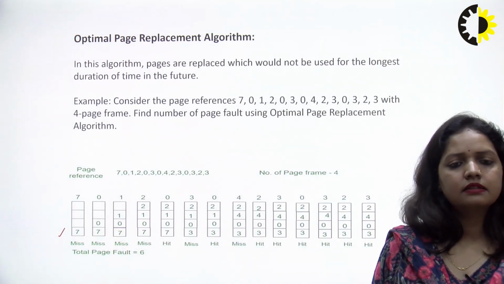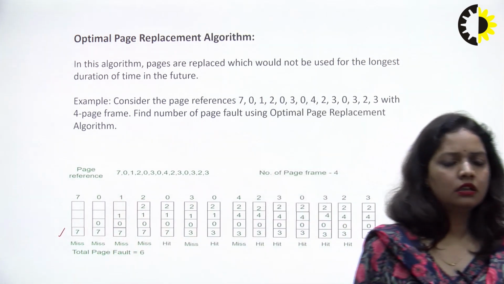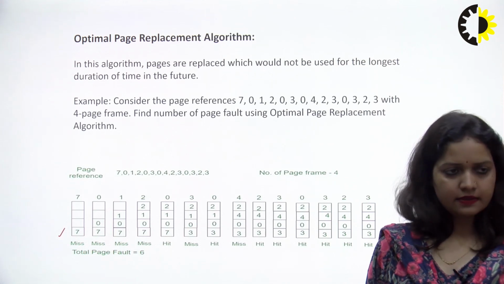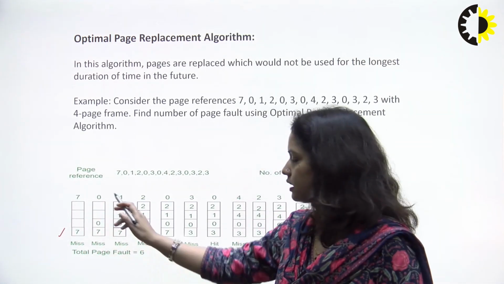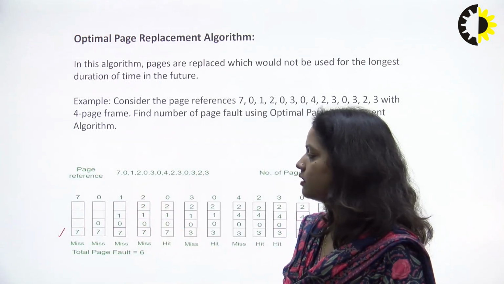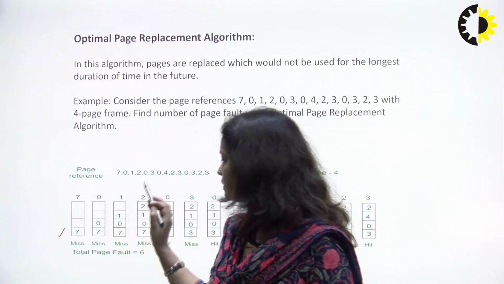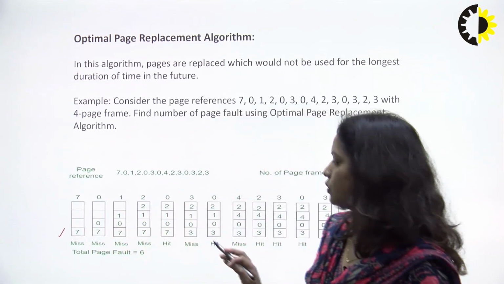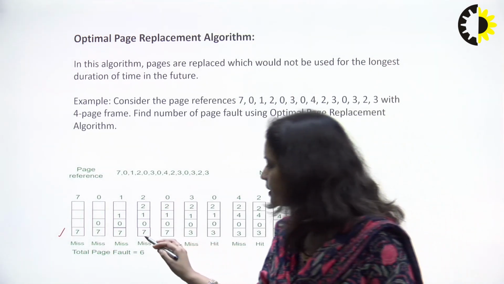We can insert the element from the top also or from the bottom, but we can use only one direction for that insertion. So we have 7 inserted, then 0, and here the number of frames in the virtual memory is 4. So 7, 0, then 1, then 2. Now our memory is completely filled.